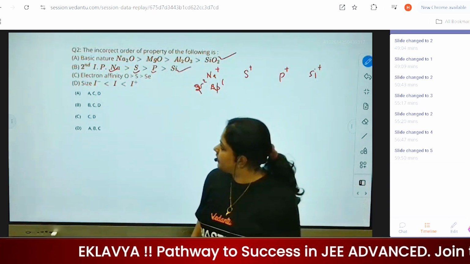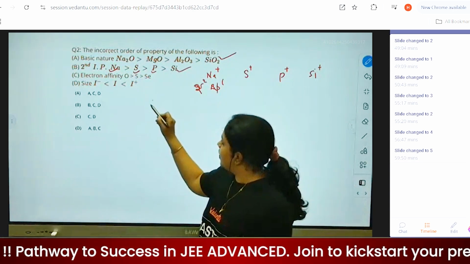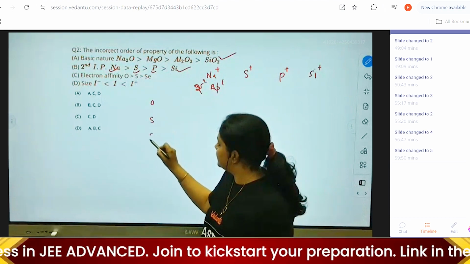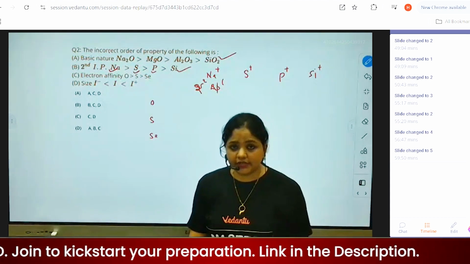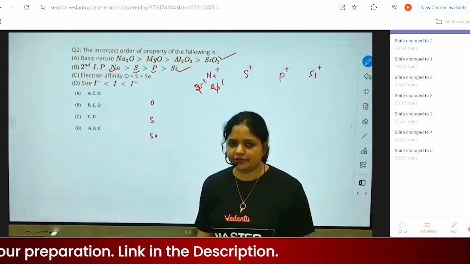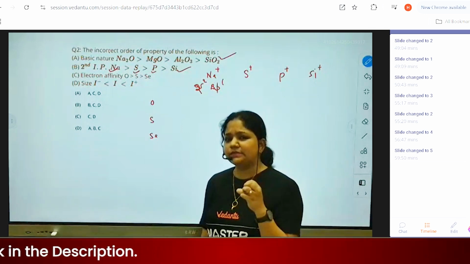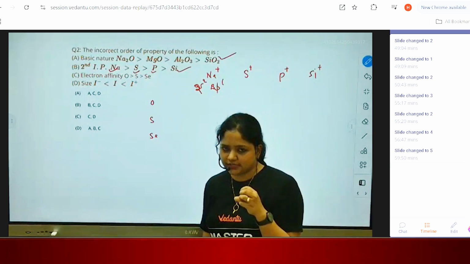Next, 3. Electron affinity of oxygen, sulfur, selenium. Actually oxygen doesn't have the highest electron affinity. See, oxygen is very small in size, and high nuclear charge density is there.